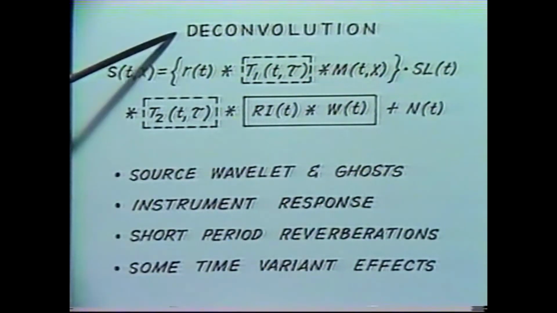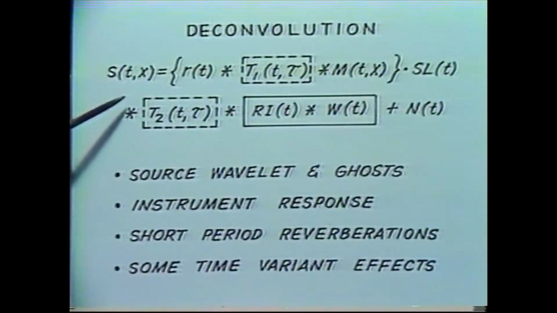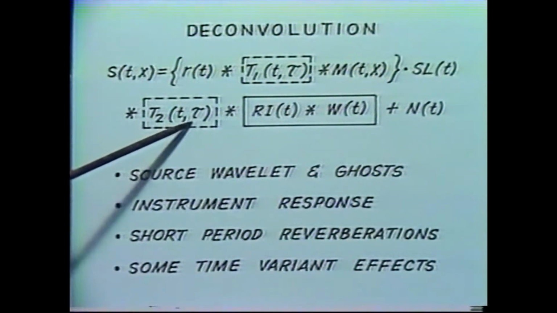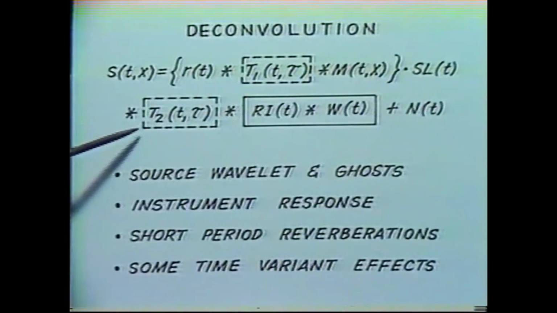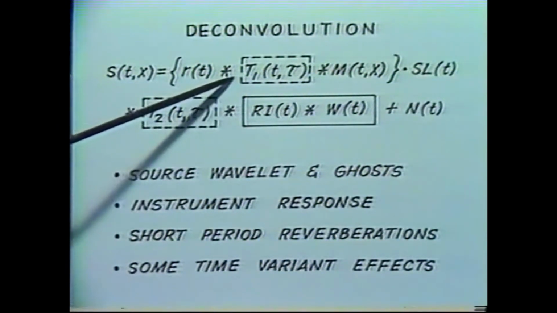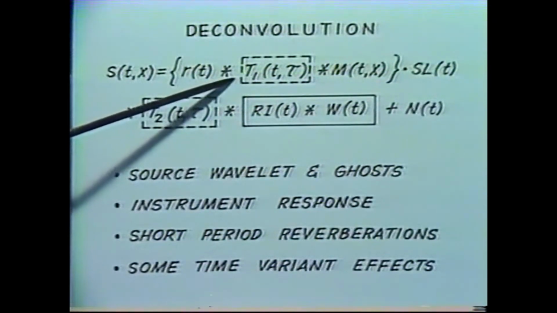However, deconvolution takes a slightly different approach to wavelet processing in that it also attempts to compensate for some of the time variant wavelet effects, namely, in this case, some of the time variant absorption and also some of the time variant transmission losses.